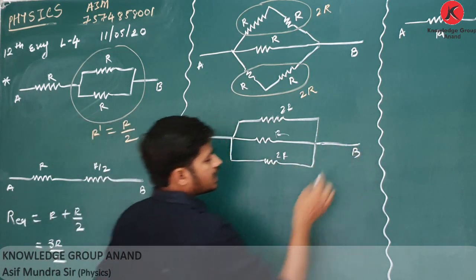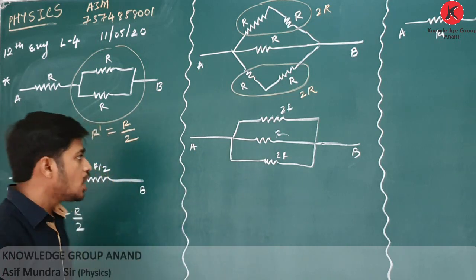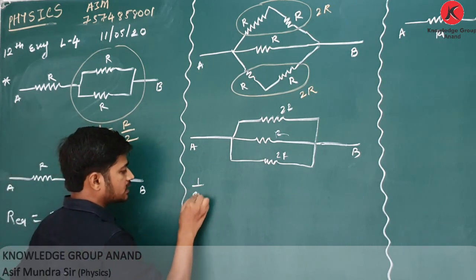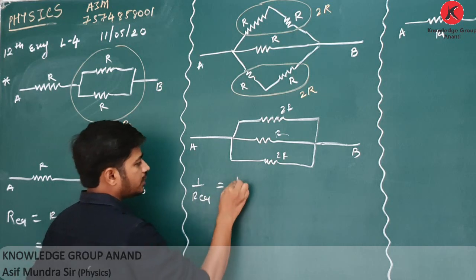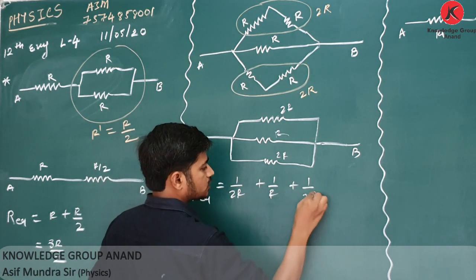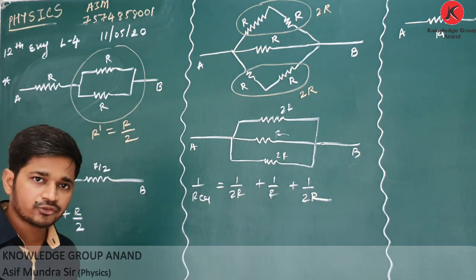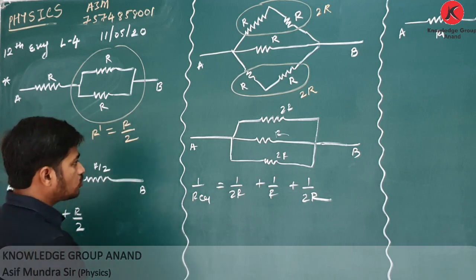Now see, for each and every resistance, the ends are A and B, which means they are in parallel connection. So for parallel connection, what is the equivalent resistance? 1 upon R equivalent is equal to 1 upon 2R plus 1 upon R plus 1 upon R. Clear about this? Okay. So how to find this?